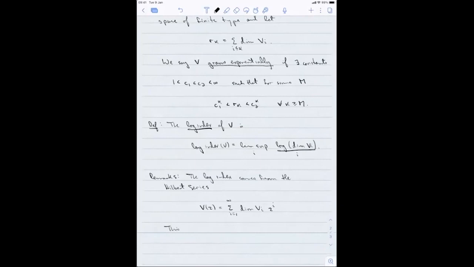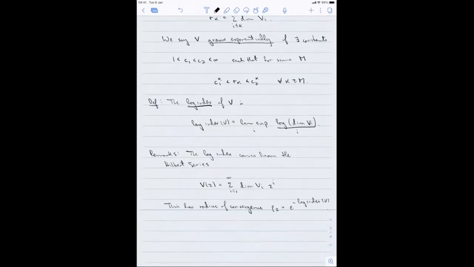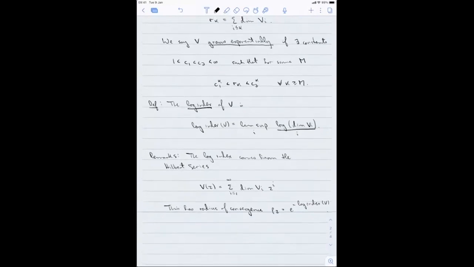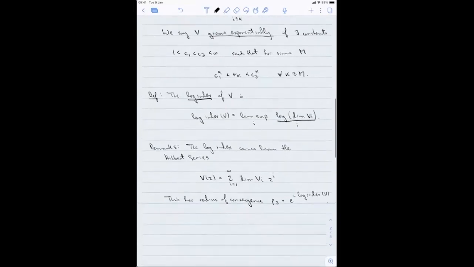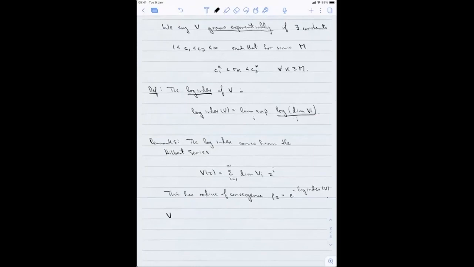And this has a radius of convergence, call it rho of z. It's e to the minus the log index of V. Right, so you can think of this log index as having something to do with the radius of convergence of this Hilbert series associated to the graded vector space. And V grows exponentially.